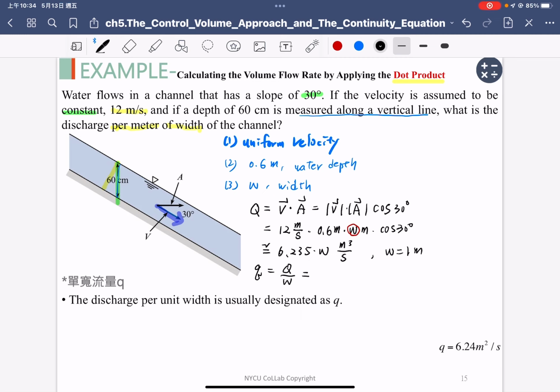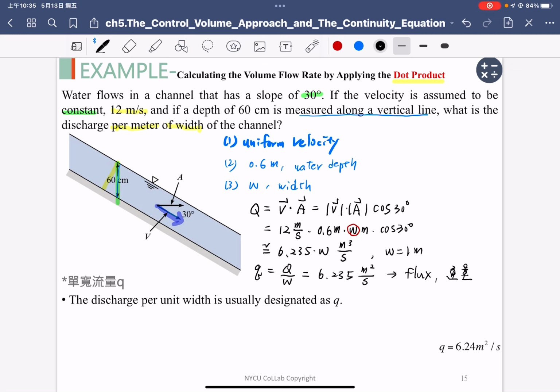So we can tell you the answer is 6.235 square meters per second. And usually we call that the flux. In Chinese we call that 通量, 单宽通量.